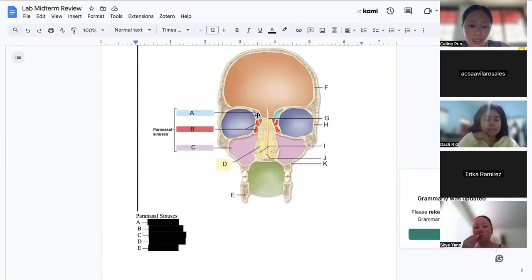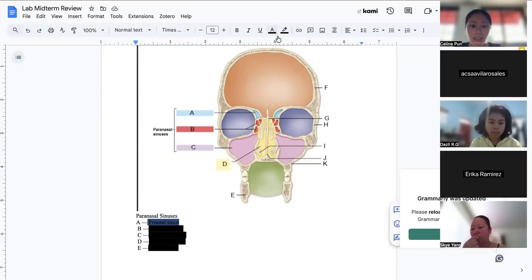What is A? What are these sinuses up here? You can palpate it. It's like right where your eyebrows and eyes are, in between that space. Sometimes when you're having a cold, you could massage that area. Yeah, that's your frontal sinuses.